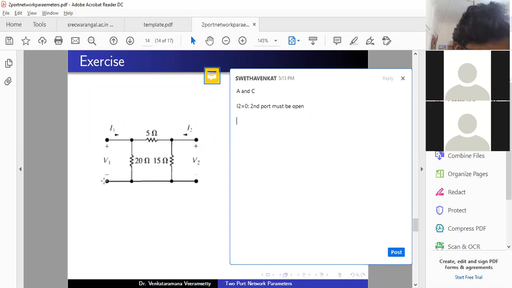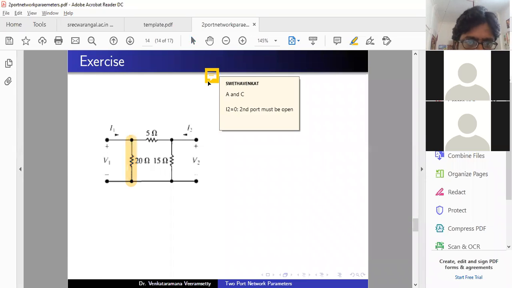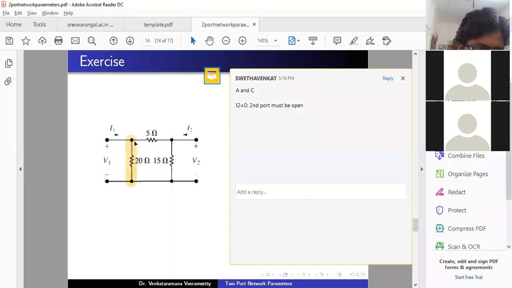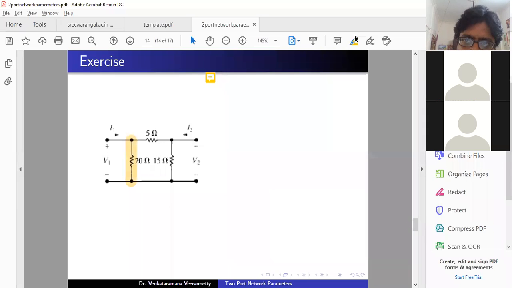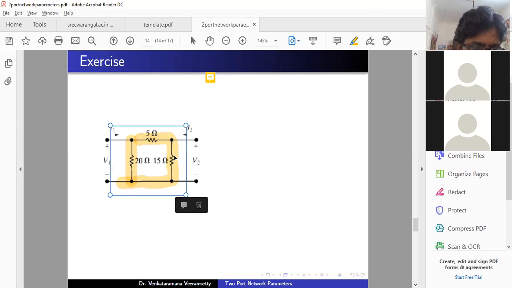Hope you understand. So this current I1 is split, one current flowing through the 20 ohm resistance and the remaining current flowing through the 5 ohm and 15 ohm resistances and fed back to the input port.